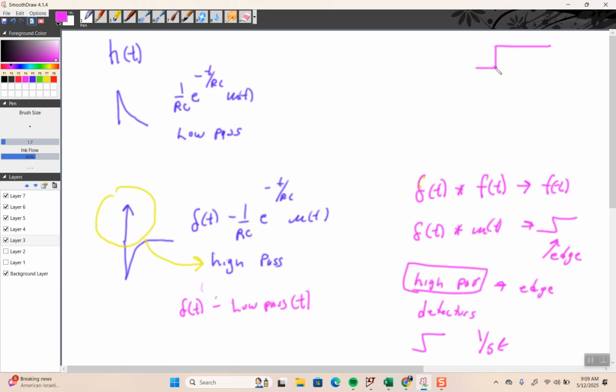This is the regular low pass. So minus low pass is this. Adding the step minus this gives us the edge.